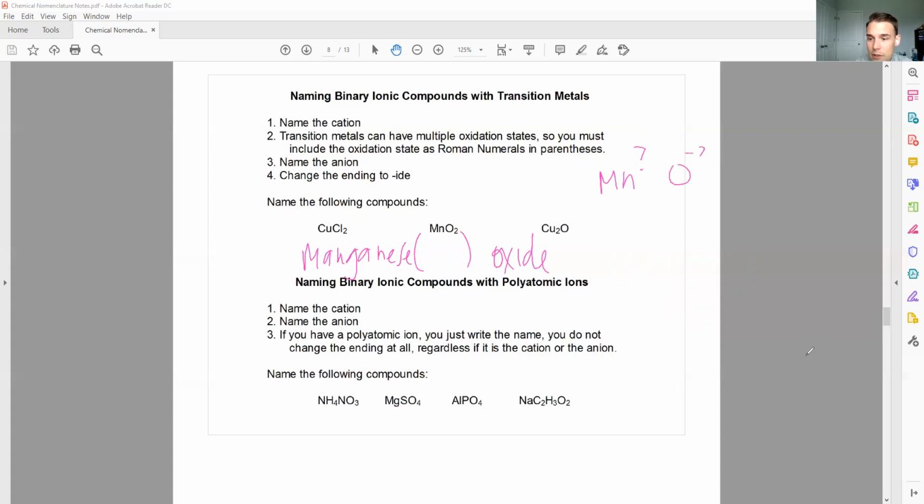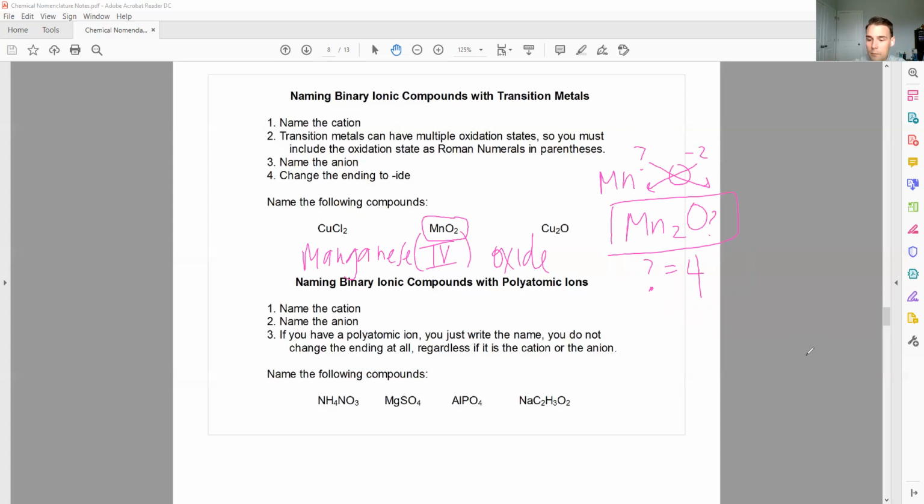I know oxygen's a -2, so I'm going to swap those. I get Mn2O question mark. Now, what does that question mark have to be to make this thing and this thing the same? Now, this one's a little tricky because we have to reduce, okay? This question mark is actually a 4. So I'm going to put an IV there, and this name is manganese 4 oxide.